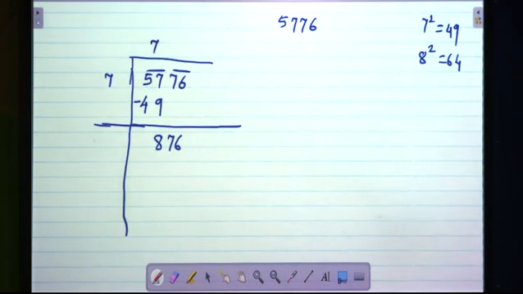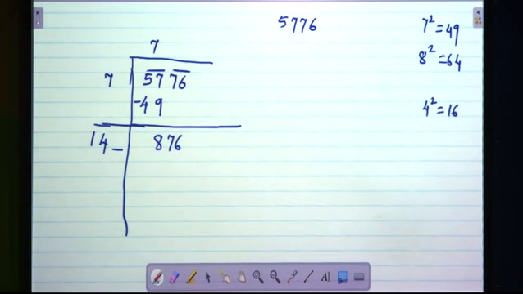Here, what is my divisor now? Double of my quotient. What is my quotient currently? 7. So, double of it is 14. I require a digit here. Simple thing. What is the value present in the ones place in my dividend? It is 6. So, 4 square is equal to 16.